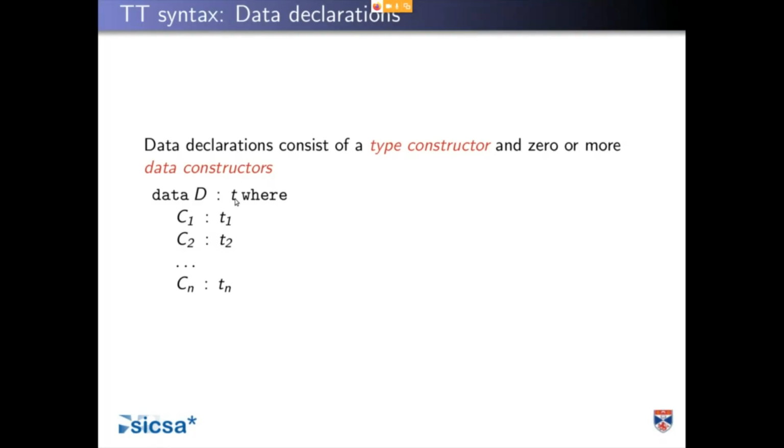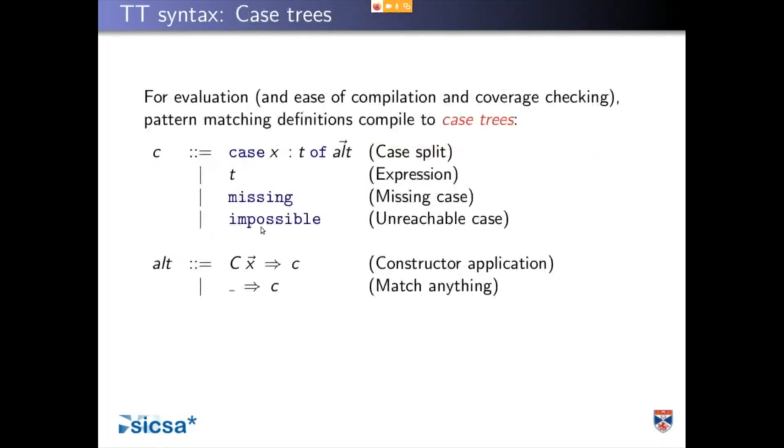Well, not necessarily a function type, but it has to return a type eventually. And each of these T1 to Tn have to return a D for it to be meaningful. So that's a bit of checking that we have to do. But really, all we're doing is introducing some constants. D is a constant that stands for the type, and C1 to Cn are constant names that stand for the data constructors.